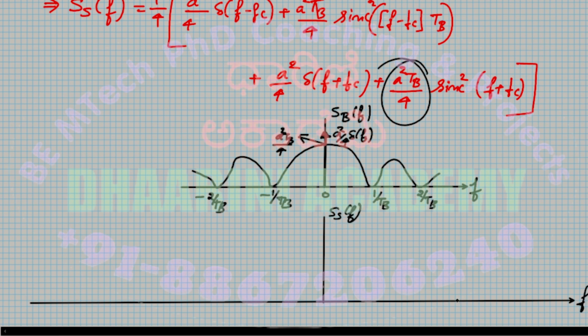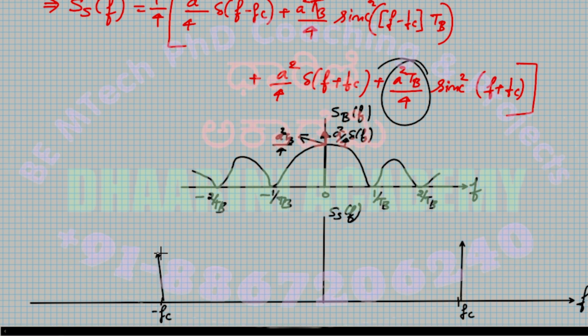Now you will mark a point called FC and another point called minus FC. Around this, the waveform needs to be shifted. Now you see this moves to the right around FC. So there I need to mark a delta function. What is the amplitude of this delta function?